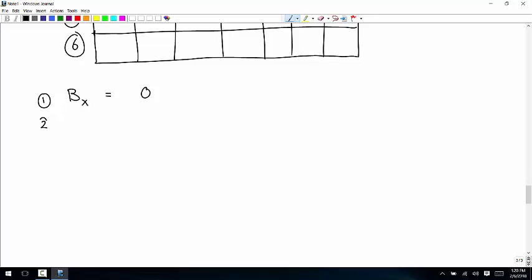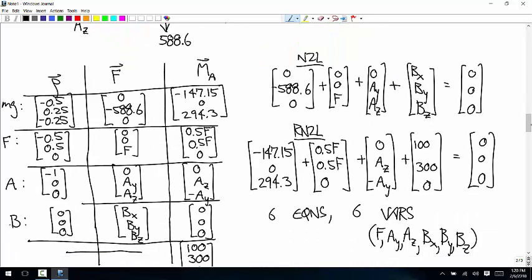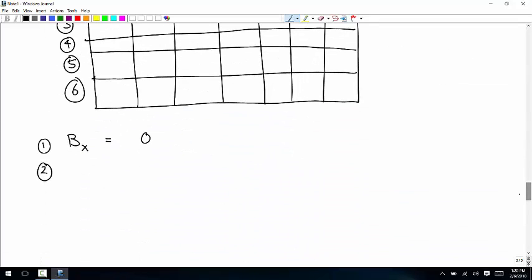The second equation from Newton's second law says AY plus BY is equal to 588.6. And please stop me if you have any questions as I go through this, or if I'm going too fast or anything.